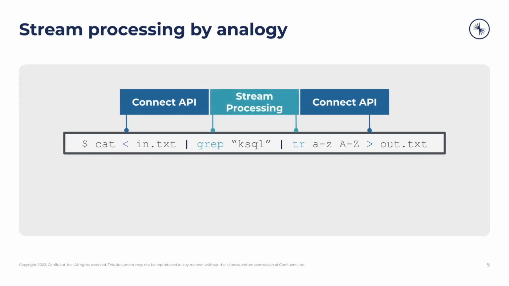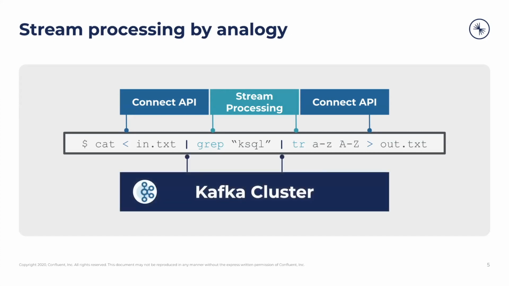So this is almost like a microservice that does one thing and one thing well. So grep being a little filter and translate being a mutator. And the pipes in Unix are very, very similar to Kafka topics and Kafka clusters. So this is a really useful kind of parallel. This is an interesting way to think about Kafka Streams and Connect and the whole Kafka ecosystem in something that's very familiar to us if we've been doing anything in this space for any time.